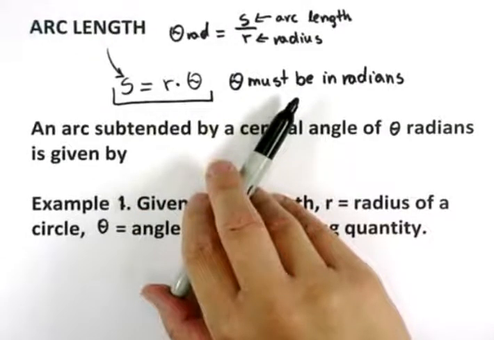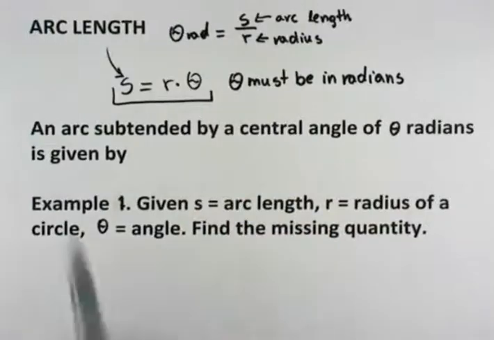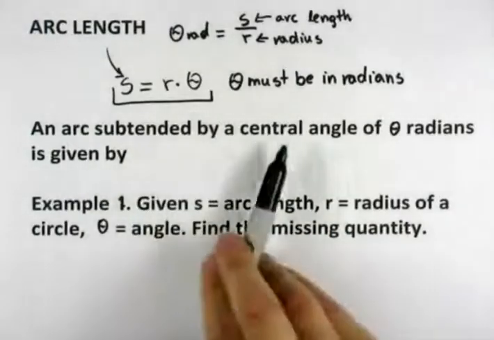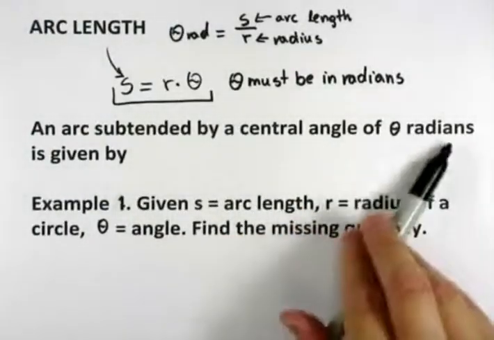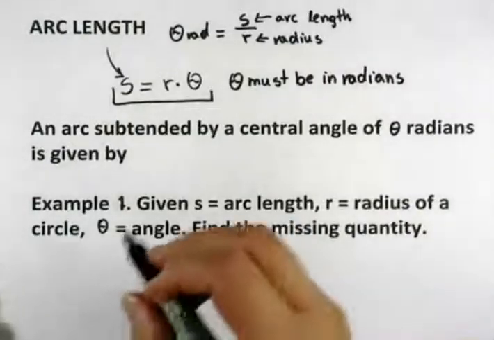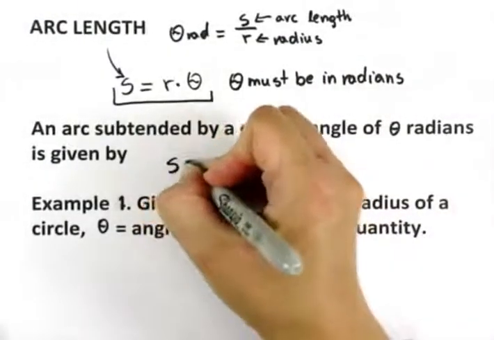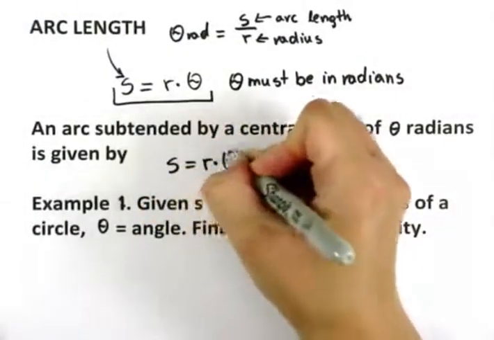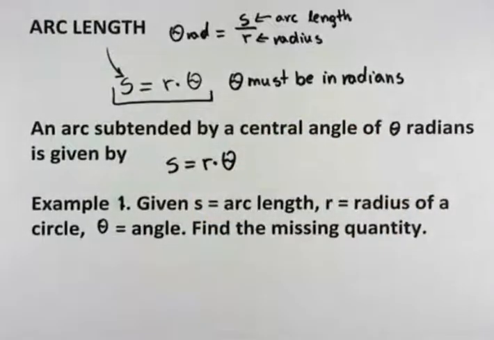Very important. So an arc subtended by a central angle of theta radians is given by S equal to r times theta. That's the arc length formula.